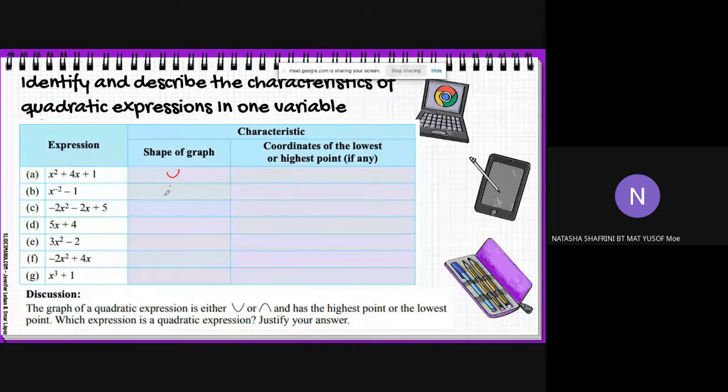The shape tadi you dapat macam ni kan. Okay, yang ini kita ada N shape. Okay, ini straight line. Okay, yang ini U shape, yang ini N shape. Yang ini you dapat okay, cubic graph. Okay, yang ini tadi boleh share semula tak jawapan you tadi?